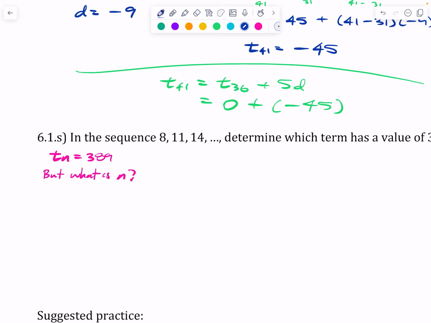We can get the difference. Difference is 3. And then we can say Tn is Tm plus n minus 1 times d. I don't know what n is. I do know what term n is. That's 389.